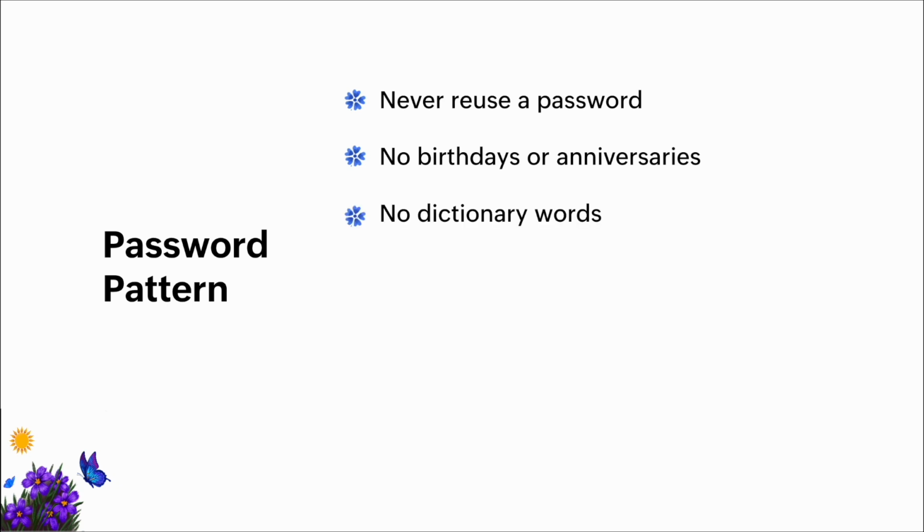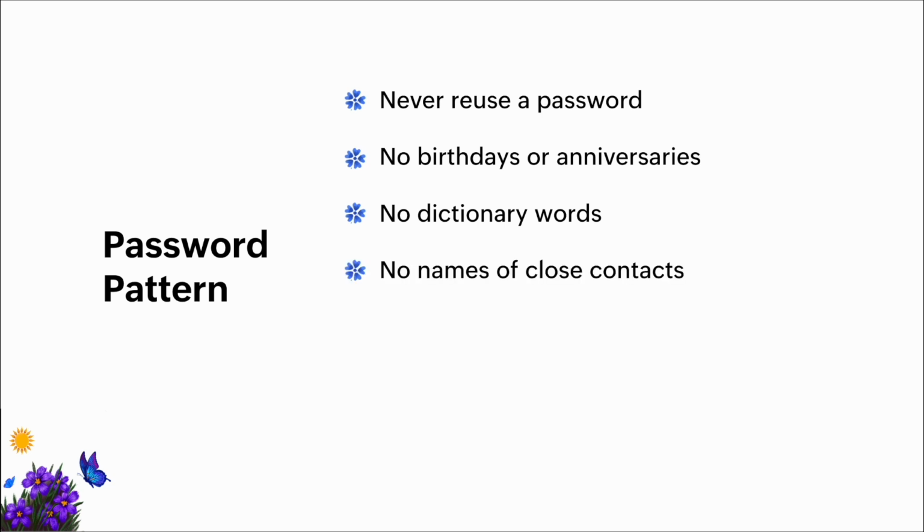The third one is no dictionary words. Things like Washington, Austin, or any dictionary words can be easily breached by hackers. There are a lot of publicly available websites that provide you the list of passwords that can be easily used for phishing attacks.